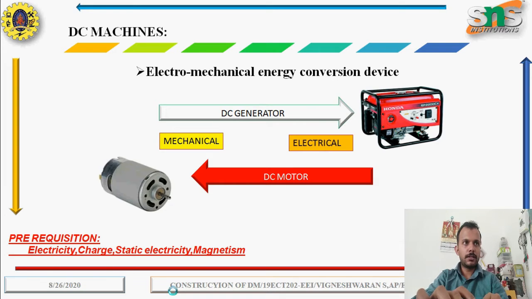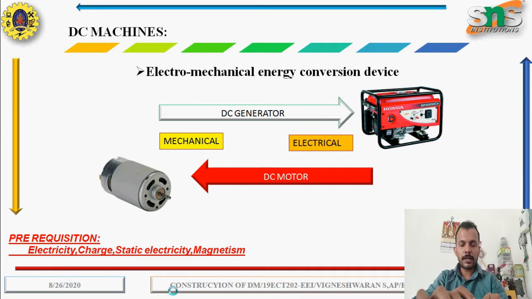So first thing is we have to know what is a DC machine. As we demonstrated, once again we can give a definition of the DC machine. DC machine is an electromechanical energy conversion device, and it is classified as DC generator and DC motor.